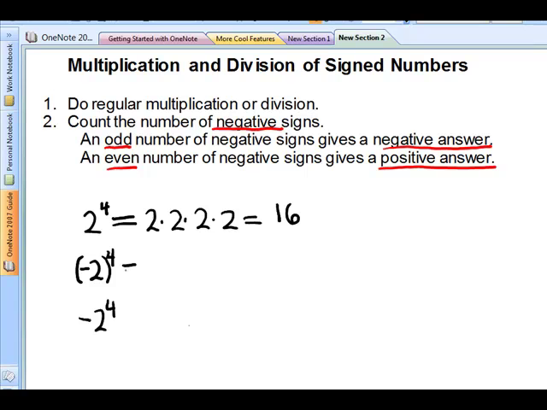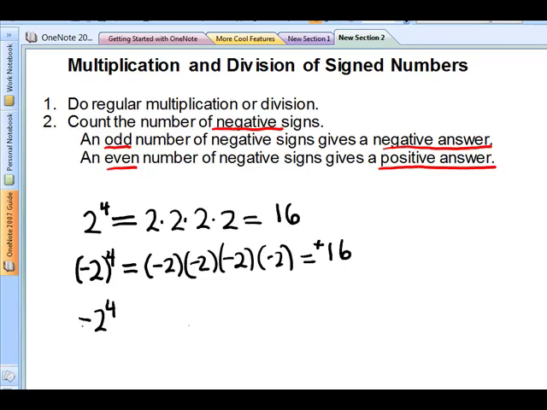So everything is included going to the power. And we do our multiplication. 2 times 2 is 4, times 2 is 8, times 2 is 16. Count the negatives, 1, 2, 3, 4. That's even, so we get a positive 16.